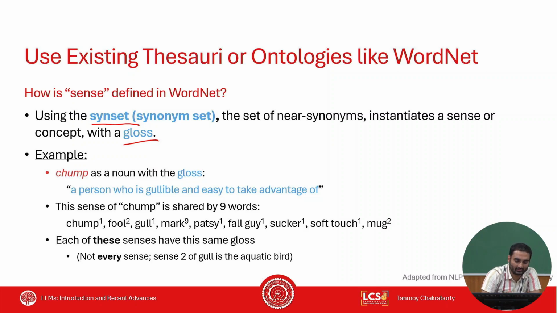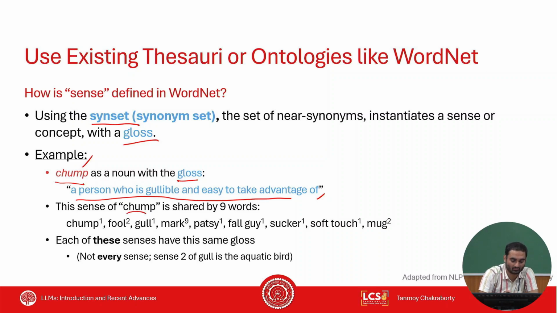For example, let's look at the word chump. The gloss or the description of this word is a person who is gullible and easy to take advantage of. So this is the description of one sense of the word chump. And this description is written manually, by the way. It's a huge manual effort. And what are the different senses of the word chump?